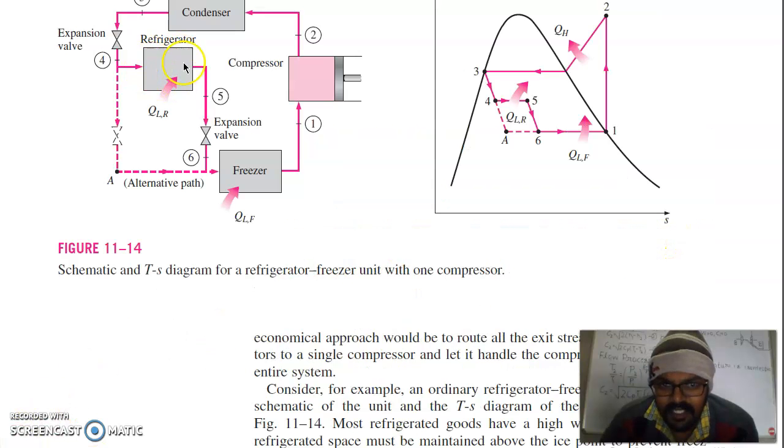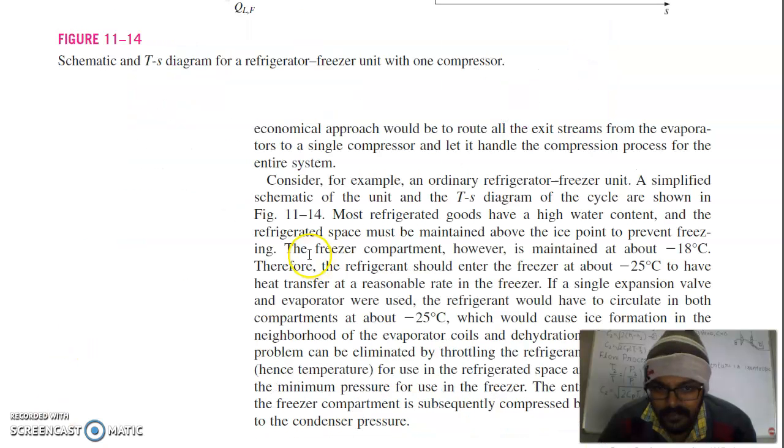So this refrigerator space, 4 to 5, is maintained above freezing. Heat is taken in the refrigerator, but this space is maintained above freezing to avoid the formation of ice in the vegetables and fruits. However, the freezer compartment, where you actually have to form the ice, is maintained at about -80 degrees Celsius.